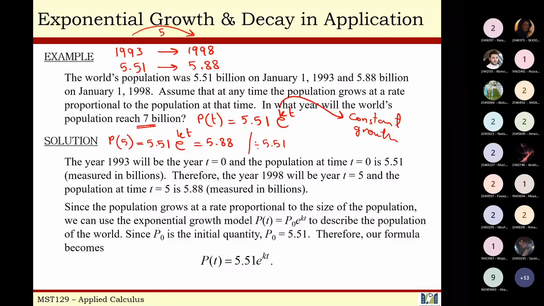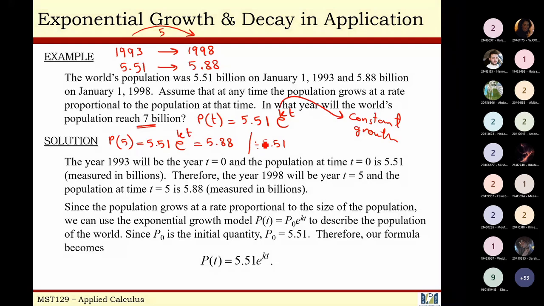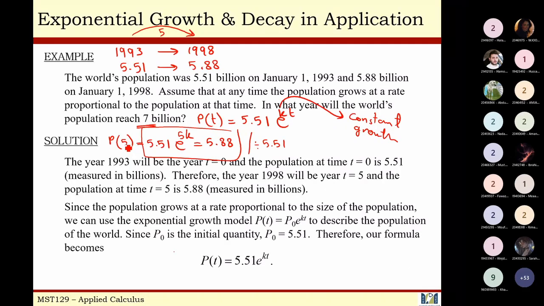We have e to the power 5k. After the population reached 5.88, we substitute 5 for t here.